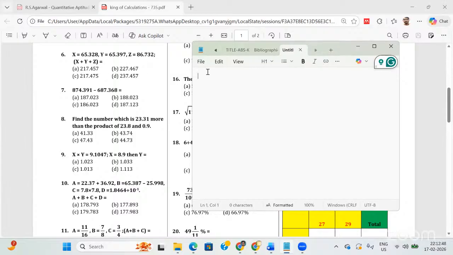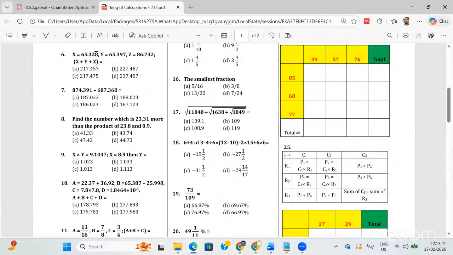Then we consider the middle terms, 532 plus 539 plus 673 plus something related to carry forwarded from the operation of the unit digit or unit place.